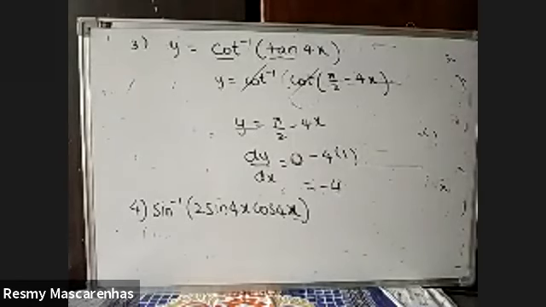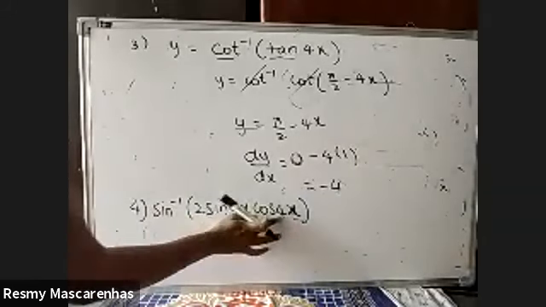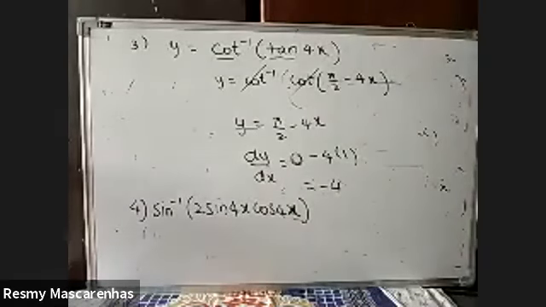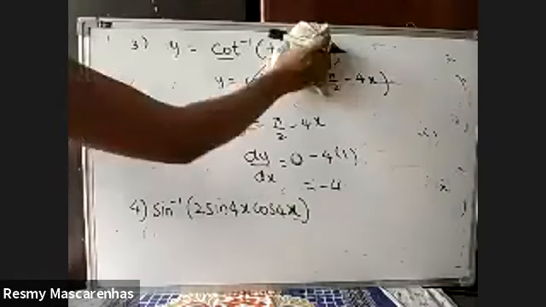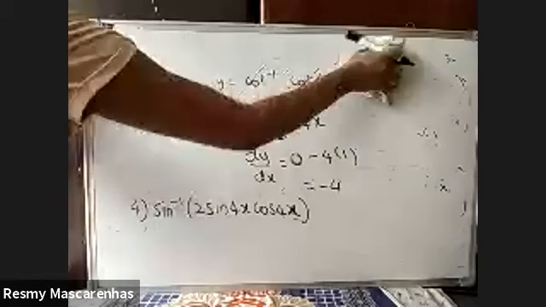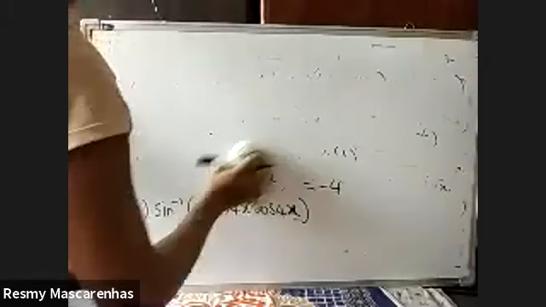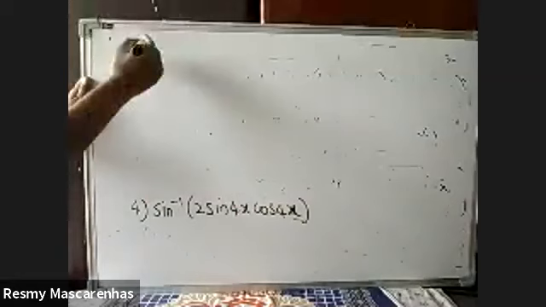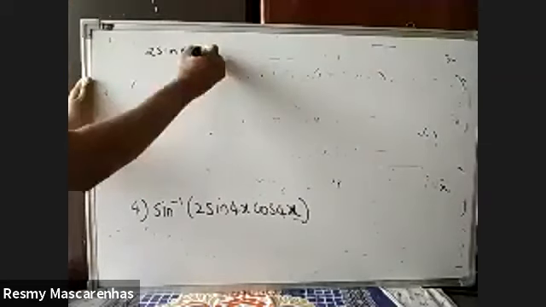Y is sine inverse of 2 sine theta cos theta. See if you can strike something. What is the formula? So this part you have to simplify. So what is 2 sine theta cos theta?